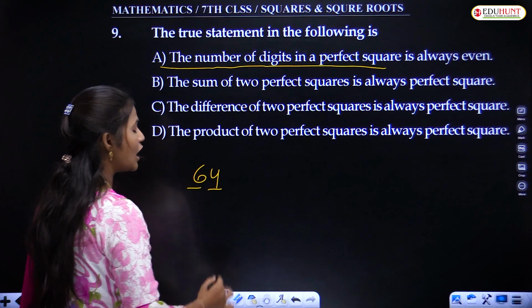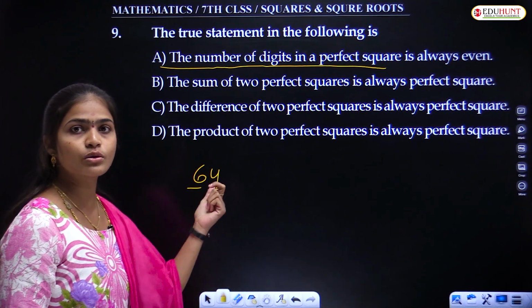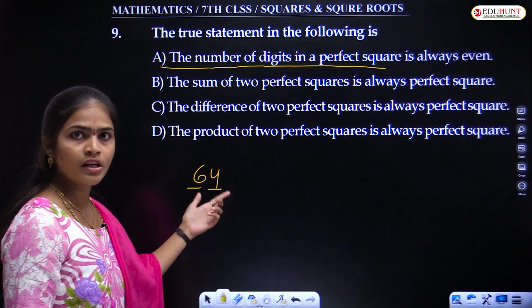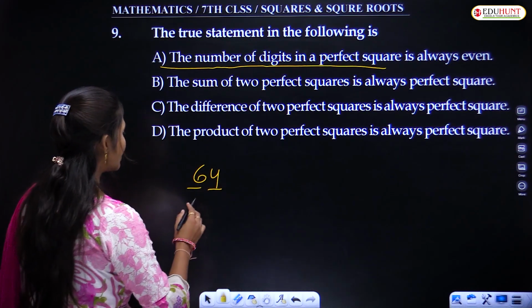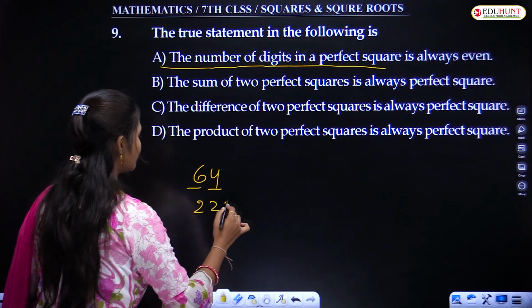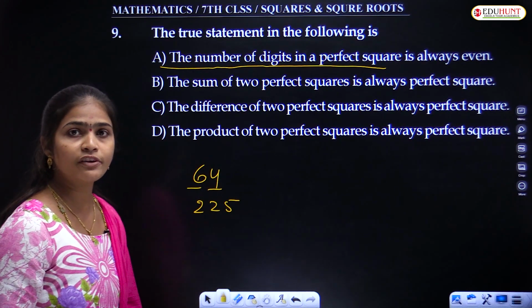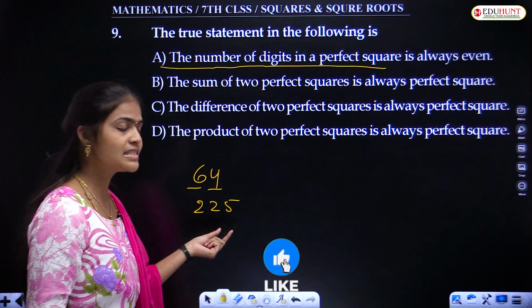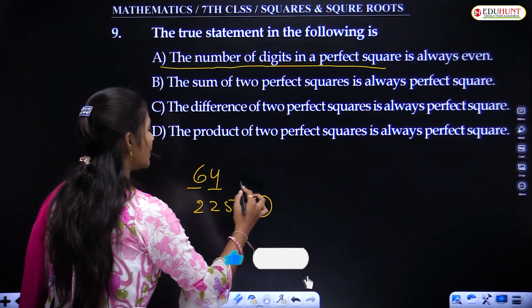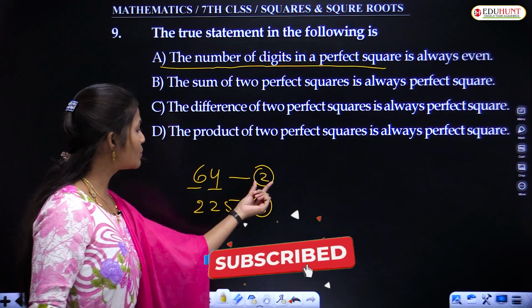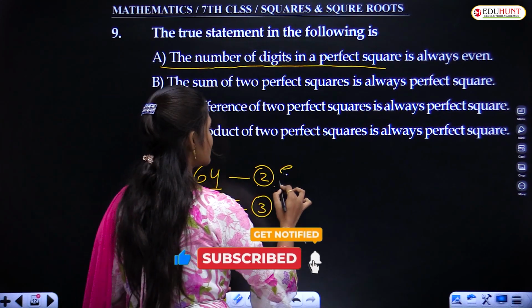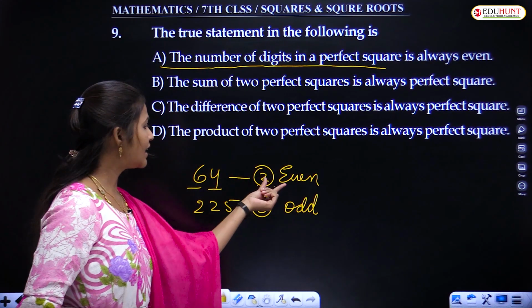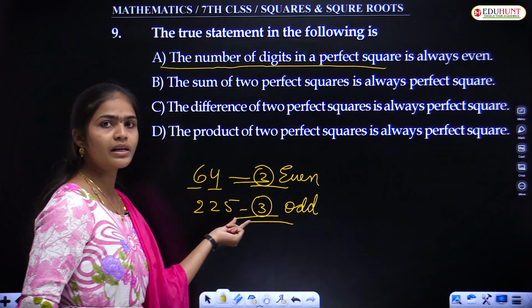So how many digits does it have? 2 digits. Even number of digits, no? Okay, satisfying. But what about 225? That is also a perfect square, no? How many digits does this number have? 3 digits. Here we have 2 digits, which means an even number of digits. This is an odd number of digits.